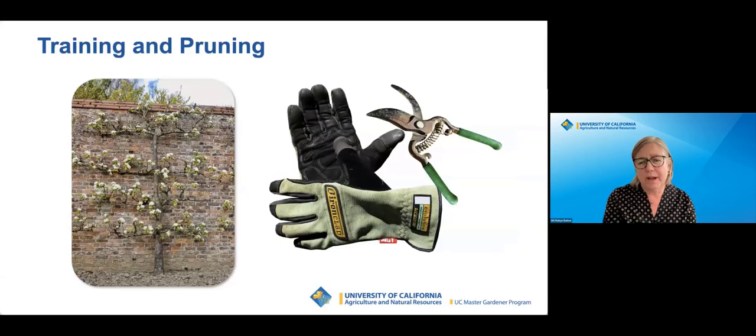Pruning is not required to keep citrus productive. You want to prune to shape your tree, remove any twiggy growth, and for the natural reasons that you normally do your pruning, to get rid of any dead wood or weak branches.